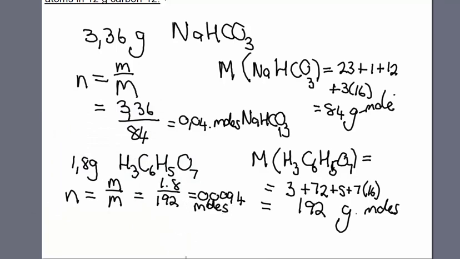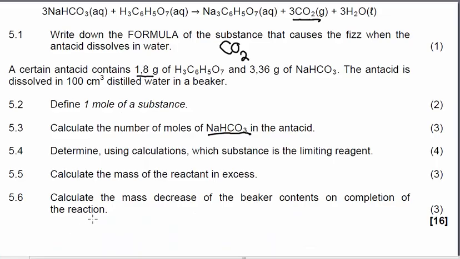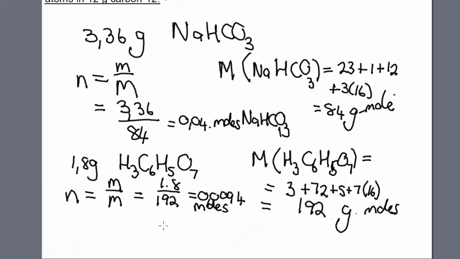Okay, so what we need to do now is check which one is the limiting reactant. To do that, we first need to know what our mole ratio is. For every 3 NaHCO3, we have 1 H3C6H5O7. So the mole ratio here is 3 to 1. We have 0,04 moles of NaHCO3. How many moles do we need of the other one?